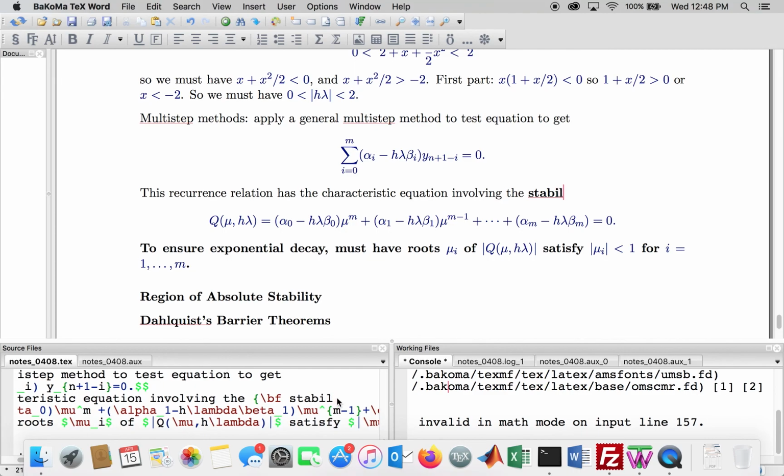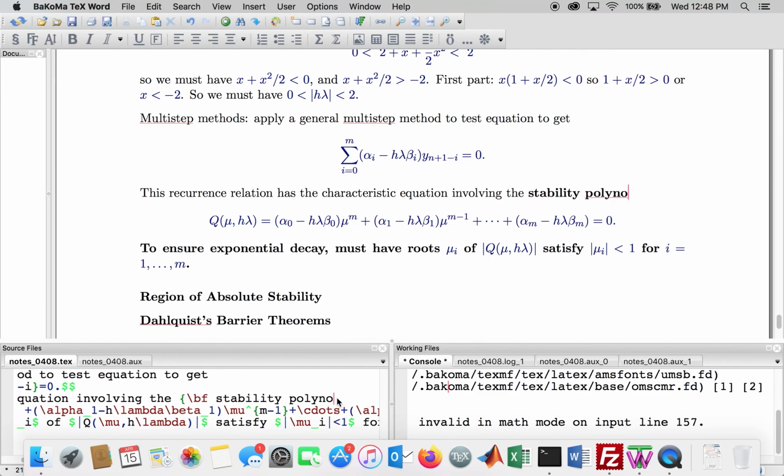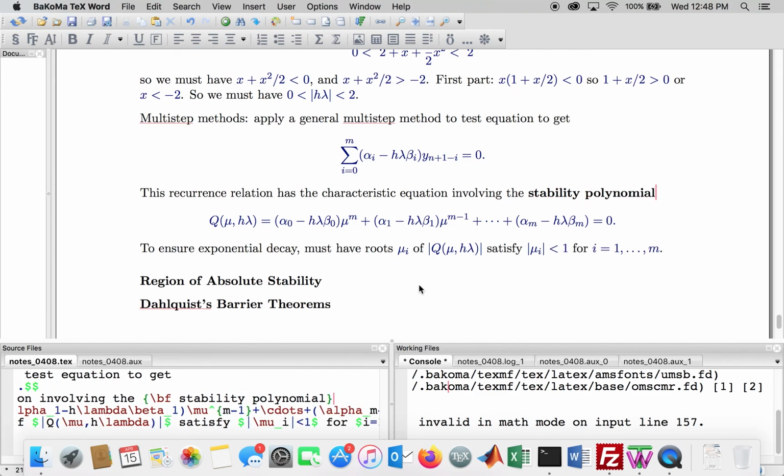It's called a stability polynomial. So this q of mu, h lambda is called the stability polynomial of a multi-step method. For a given choice of h and lambda, if the stability polynomial that you get from your multi-step method has roots that are less than 1, then we have exponential decay.